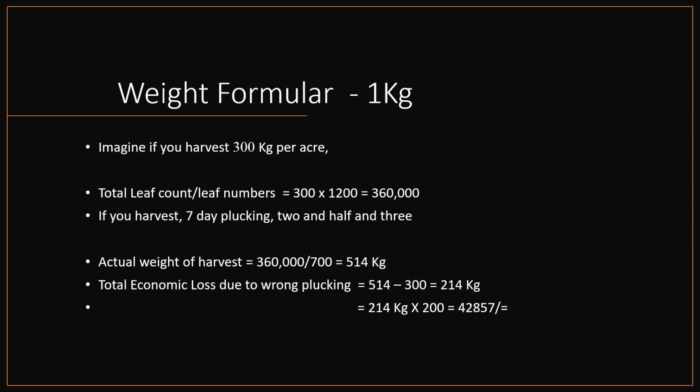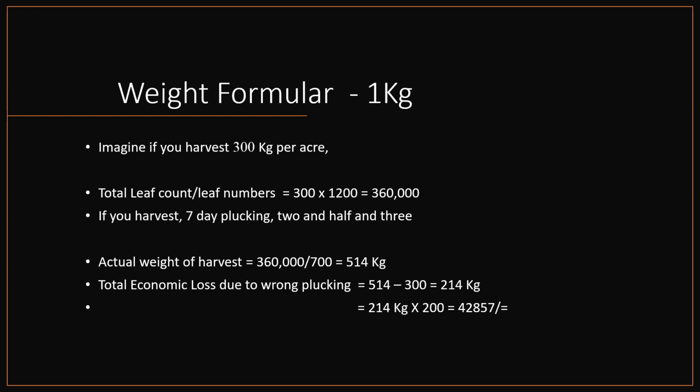Imagine if you go for 7 day plucking, 2.5 bud or 3 bud. If you totally pluck 3,600 plucks, that means you can harvest 514 kilograms. So imagine the farmer loses around 200 kilograms due to this wrong plucking intensity. Due to this, he loses around 40,000 to 50,000 rupees per acre in the current scenario in Sri Lanka.